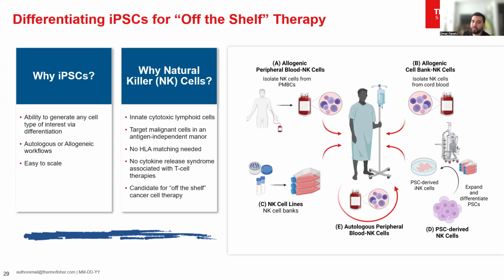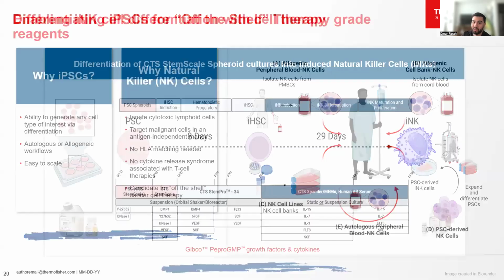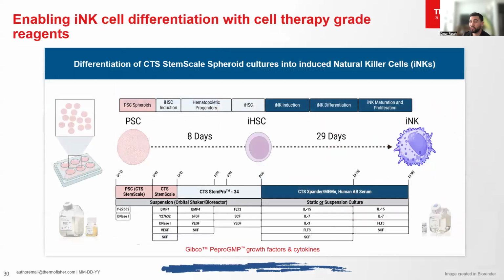So this makes them a great off-the-shelf cancer cell therapy, or particular subtype that we can work towards. And in the field, this has been for the past 2 or 3 years now a really hot topic, where folks are trying to figure out how we can get functional NK cells in order to potentially use them in this process to treat or target different cancers.